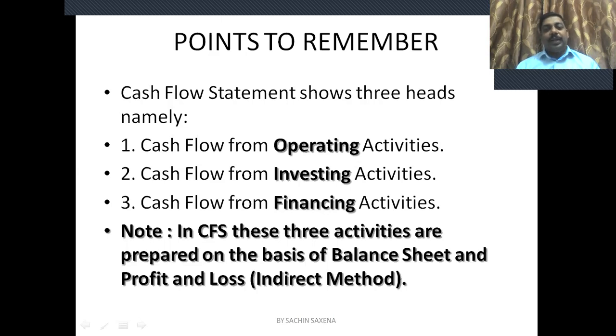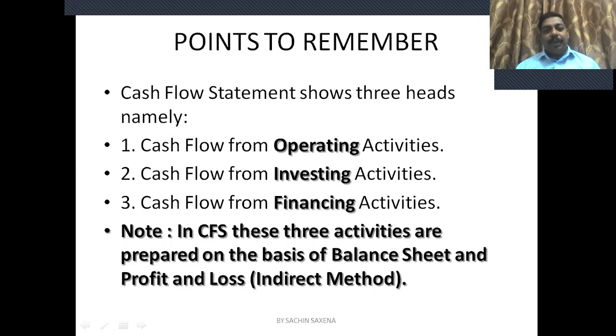On the other hand, financing activity is the arrangement of finance for short-term and long-term purposes by a business. Business always needs money, and for getting that money we search for resources through which we can get it, like through shares. When we issue shares we get money, or through borrowings.